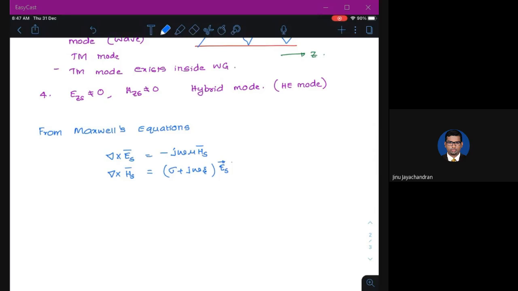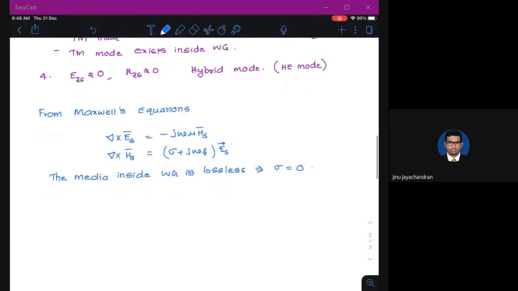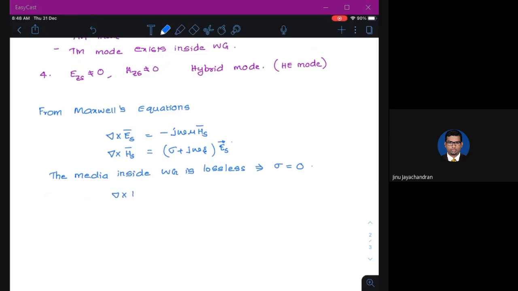Now, we have already assumed that the media inside a waveguide is lossless, which means the conductivity is equal to 0. So I can write del cross Hs is equal to j omega epsilon Es.